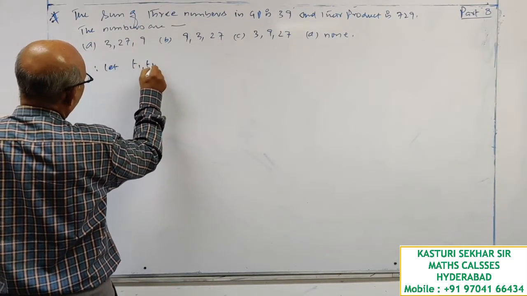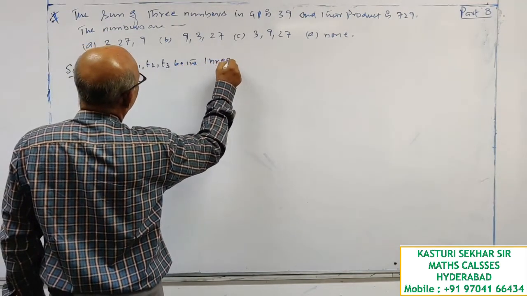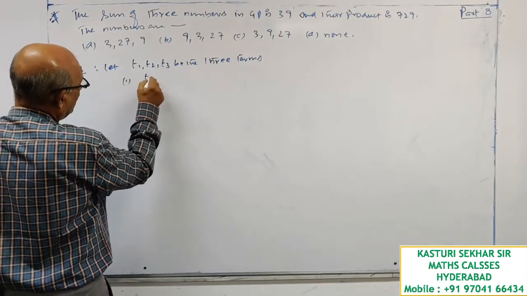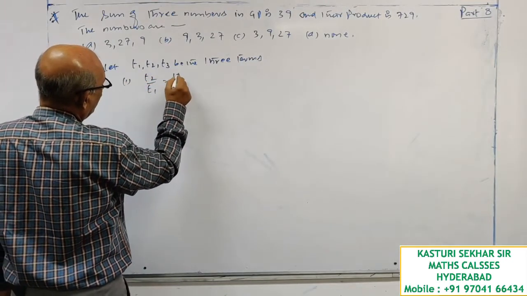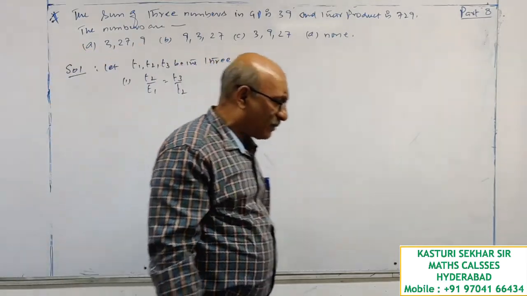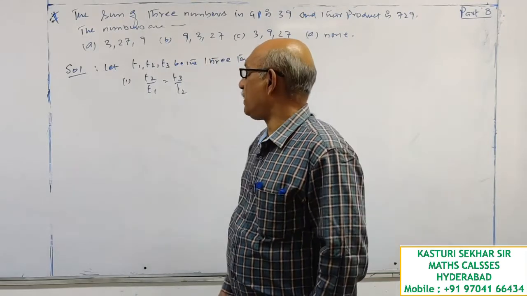Let T1, T2, T3 be the three terms. What is the first condition? The numbers have to satisfy common ratio: second term divided by first term is equal to third term divided by second term.